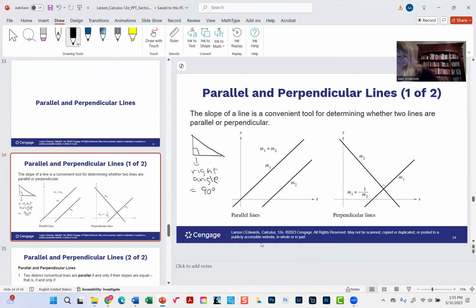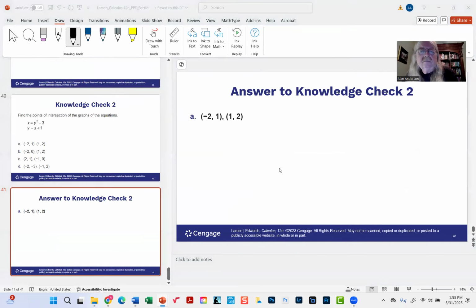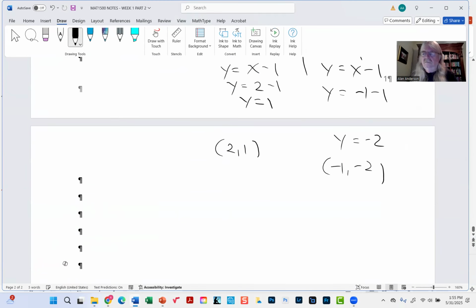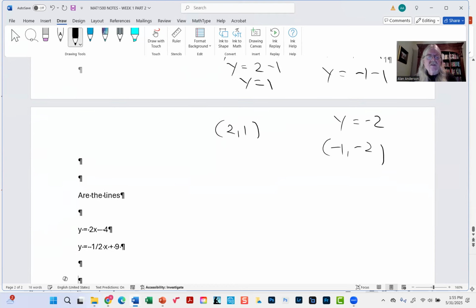So you can write this in a couple of different ways. I'll just quickly make an example right now. Are the lines y equals 2x minus 4 and y equals -1/2x plus 9 perpendicular?